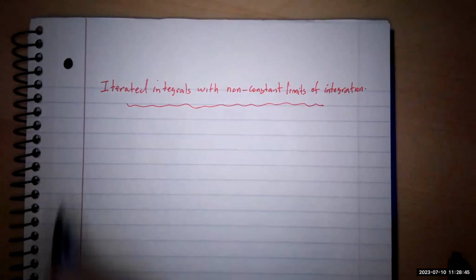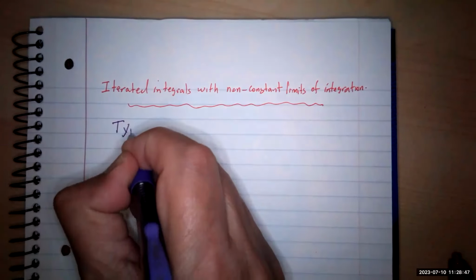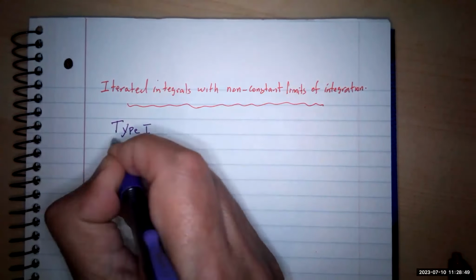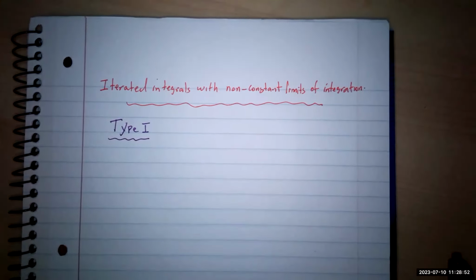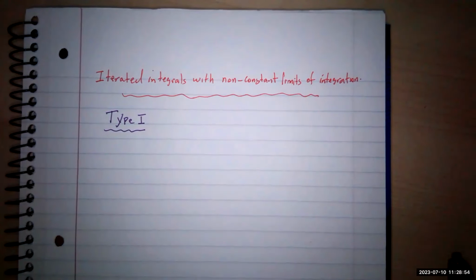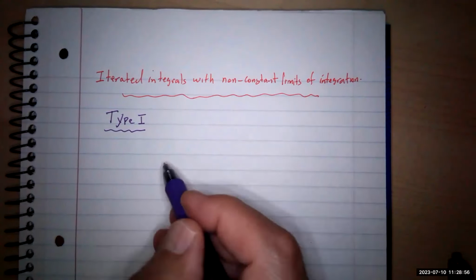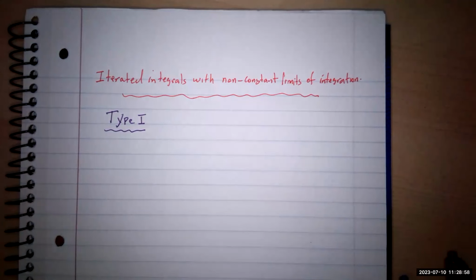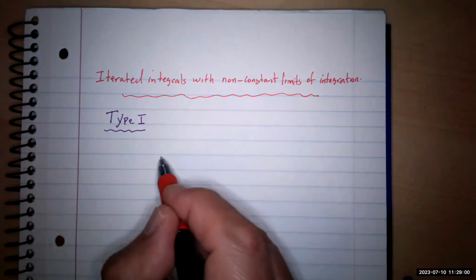Now, as I talk about it, there are going to be curvilinear sides, if you like. Those sides can happen in two groups. So we call type 1. From now on, type 1 region. The type 1 region is one where your x is constant. Look at this xy coordinate system that we have.